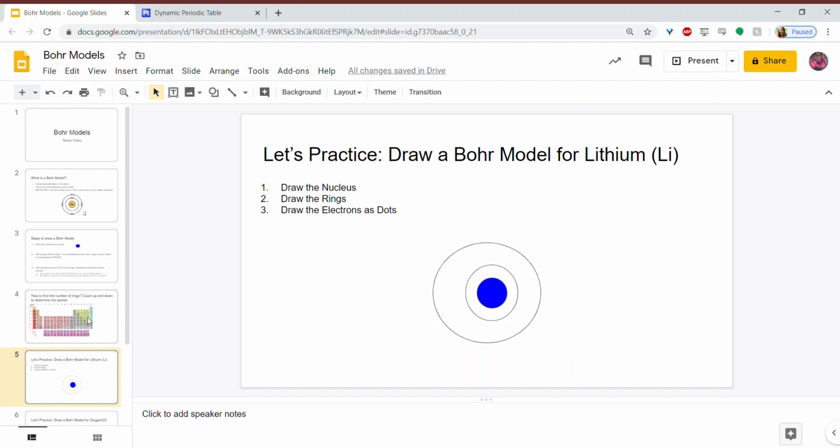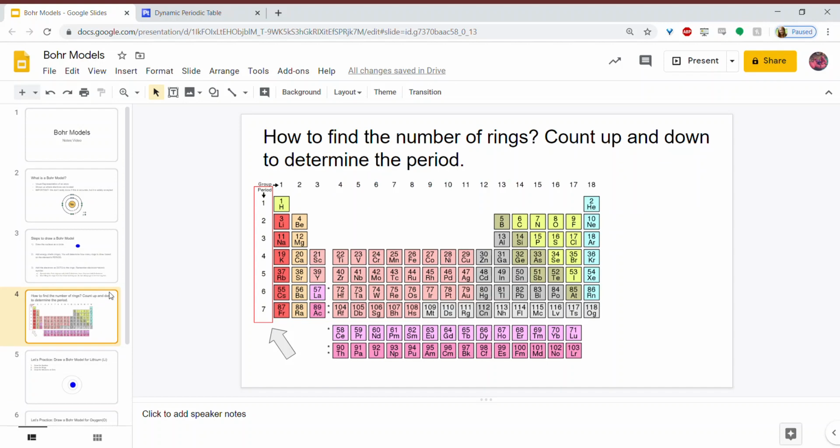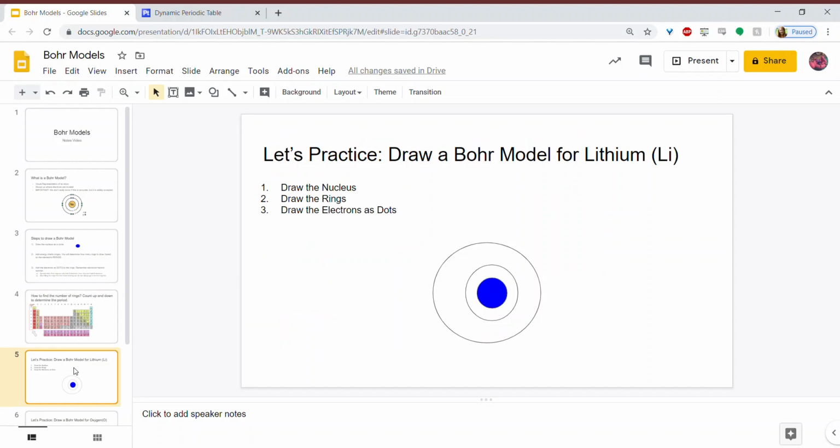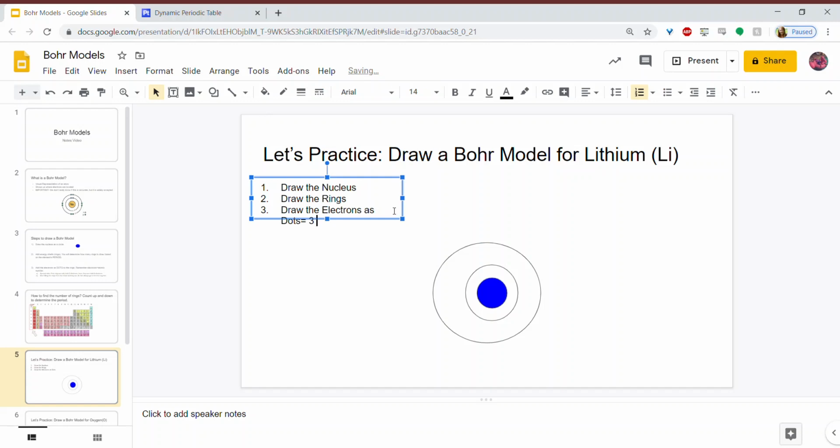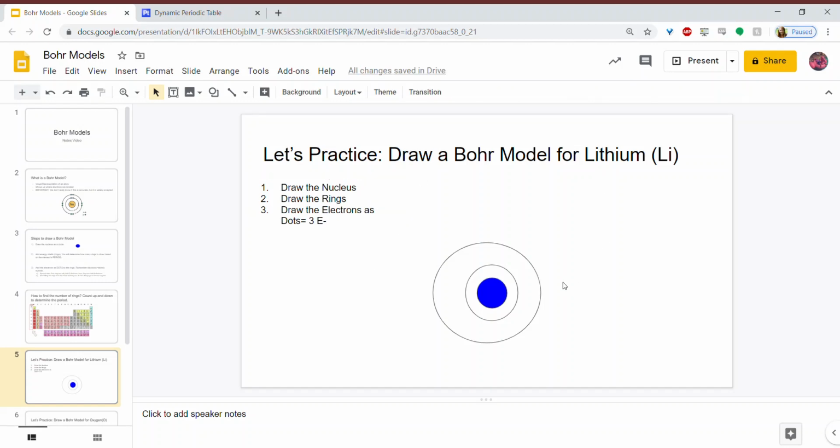So, how many electrons does lithium have? Let's look. Lithium's atomic number is 3. So, lithium would get 3 electrons. So I'm going to write that down. 3 electrons. Alright, I need to draw those as dots. Man, this is really uneven.